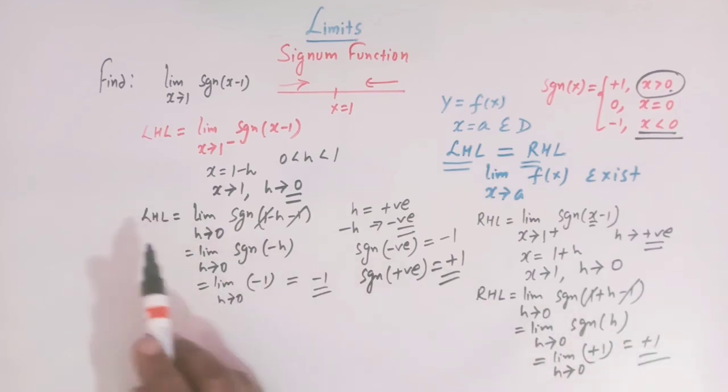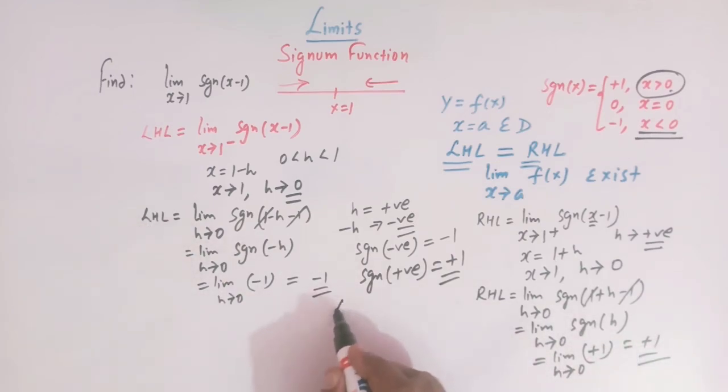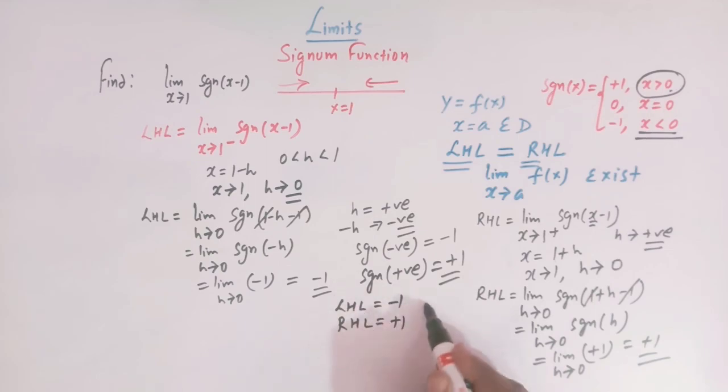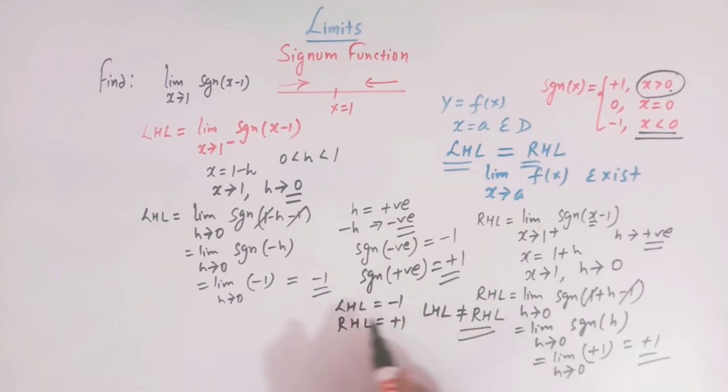So now we see that the left hand limit is -1 and the right hand limit is +1, and these two limits are not equal, right? So although the left hand limit is finite and it exists, similarly the right hand limit is finite and it exists, but both the limits are not equal.